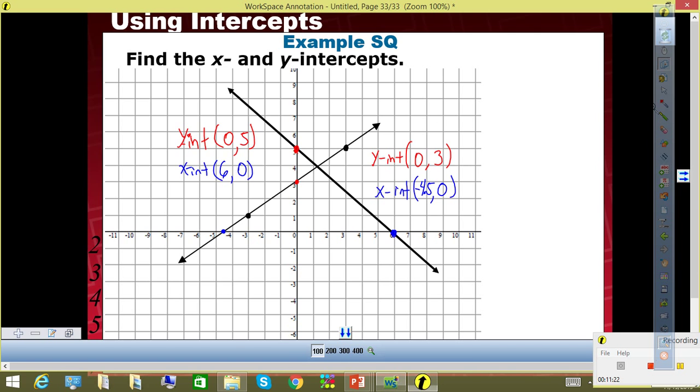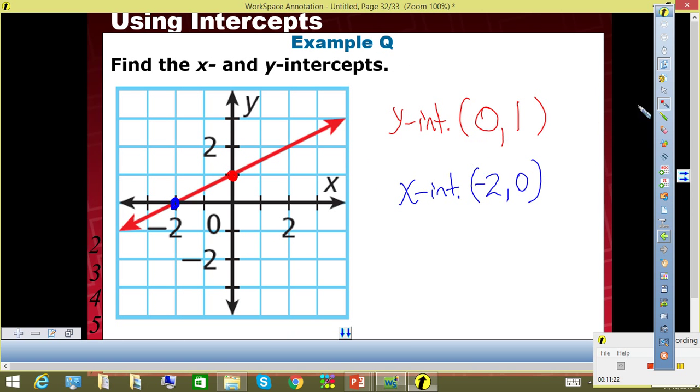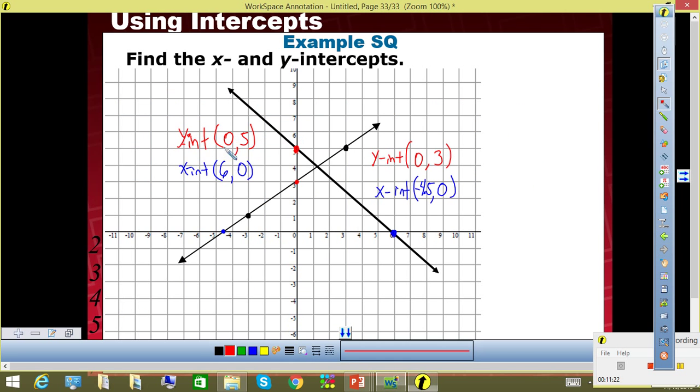So let's see. Somebody asked earlier, Mr. Q, is the y-intercept always going to have 0 first? Let's find out. Look at this one. When we're finding the y-intercept, which one is 0? The x. For these over here, for the y-intercept, which one is 0? The x.